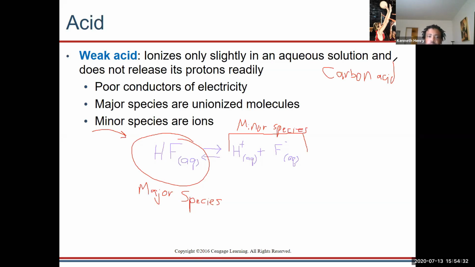Okay. So if it's an ous ending, it's a weak acid. Sulfurous is a weak acid. Hyposulfurous is a really weak acid. Fluorous is going to be a weak acid.